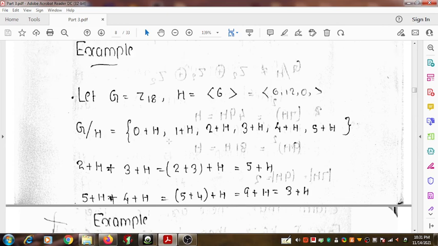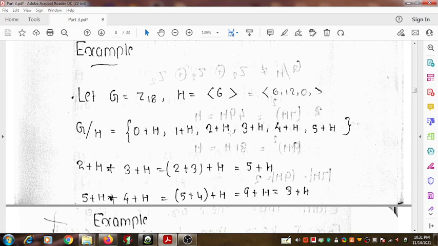Okay, you can point out that 0 plus H is the identity element in this case, and of course every element has an inverse. You can find an inverse for every element. For example, the inverse of 1 plus H will be 5 plus H, and the inverse of 2 plus H is 4 plus H, because adding 2 plus H and 4 plus H gives us 6 plus H, which is equal to 0 plus H. That is the identity element in that group.